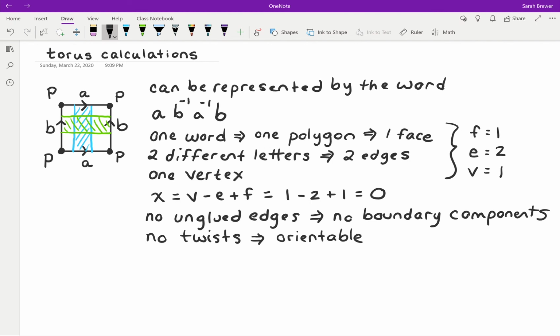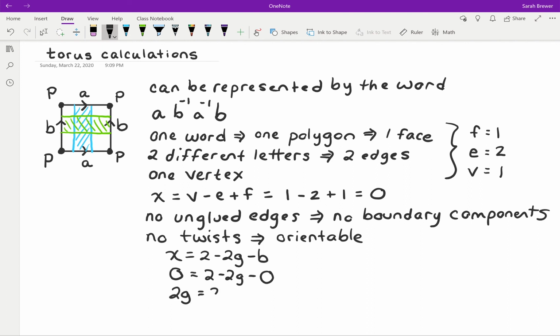tells me that this surface is going to be orientable. So my formula then to determine my genus is Euler characteristic equals 2 minus 2g minus b. So we already know that our Euler characteristic is 0, and we know that our number of boundary components is 0.